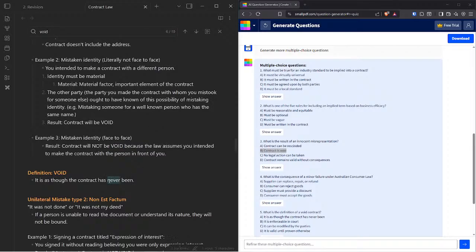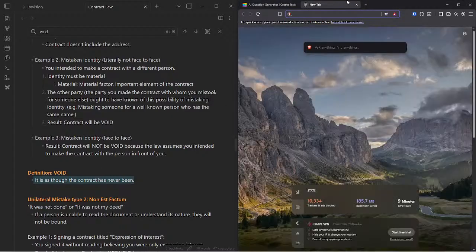It is as though the contract has never been. Under Australian law, if a contract is voided, is there any effort made to restore the parties to their original condition?